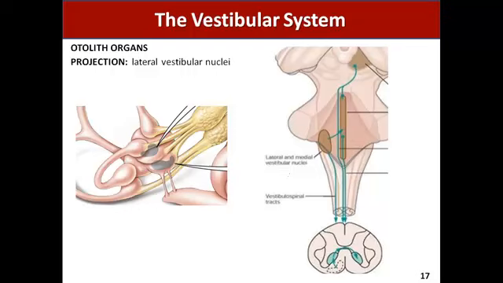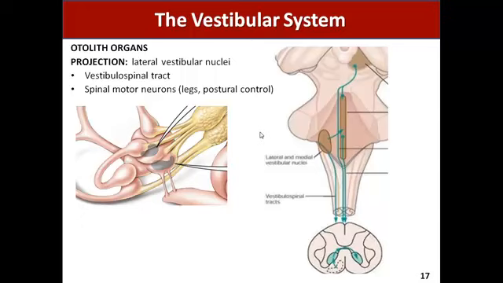So specifically, when we take a look at the otolith organs, they will project specifically to lateral vestibular nuclei, and they will merge into what's generally referred to as the vestibulospinal tract. As the name indicates, we're looking at information transmitted from the vestibular organs through into the spinal cord.